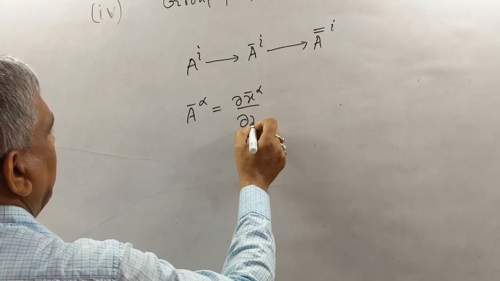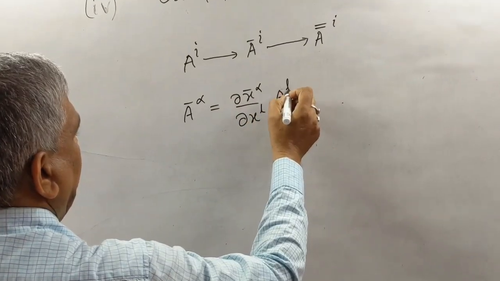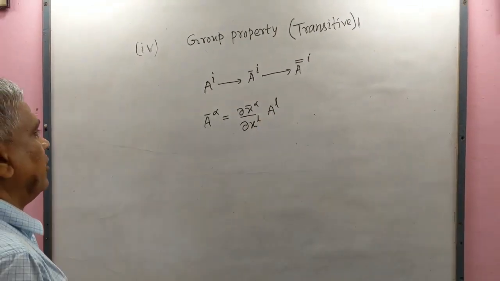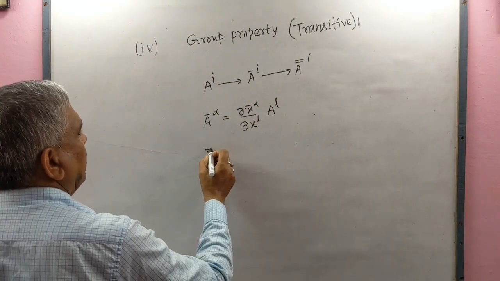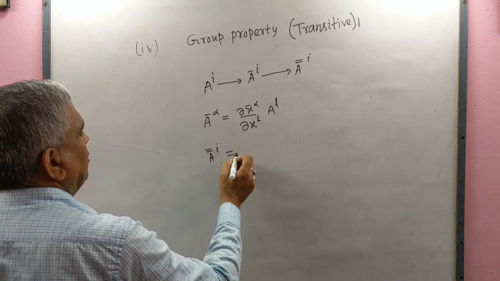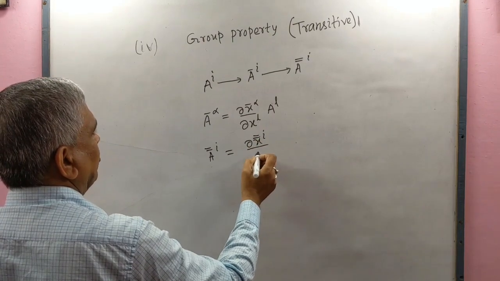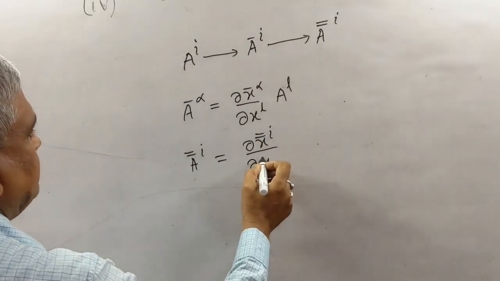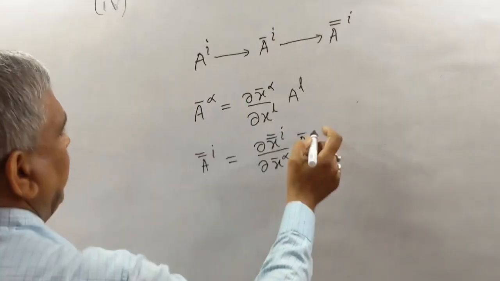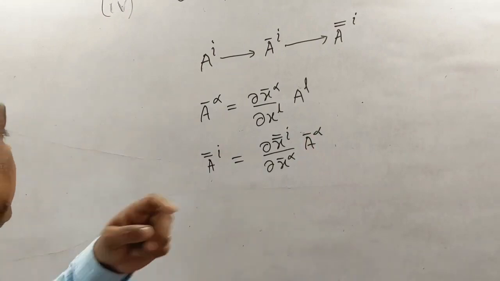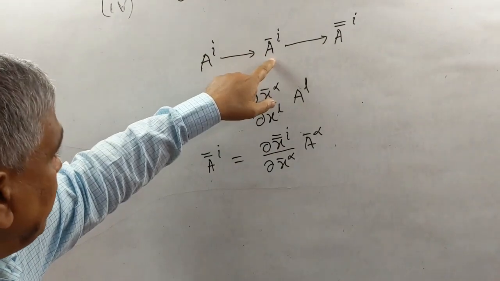by del x l, A l. Again, from this to this, we may get A double bar i equal to del x double bar i by del x bar alpha, A bar alpha, because first transformation was Ai to A bar i.